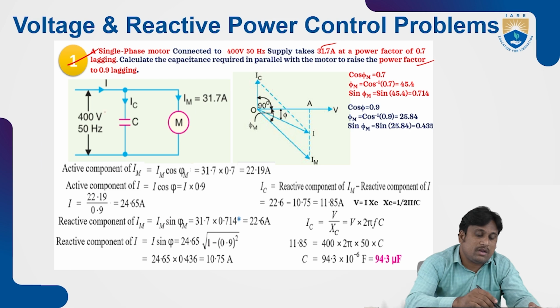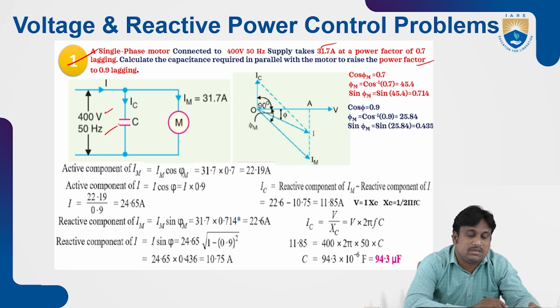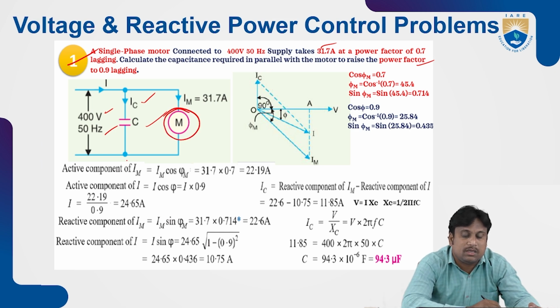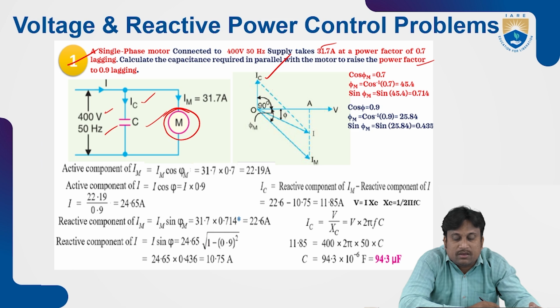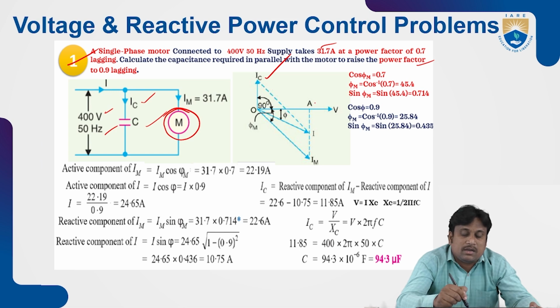So the 400 volt 50 Hz supply is treated with IC and C. C is connected across the supply and the motor is treated here as IM equals 31.7 amps. With this the current components are IC and IM, combined as a vector sum. They differ by an angle of 90 degrees, and that phase difference is denoted with phi.